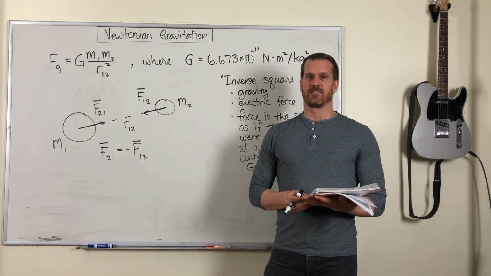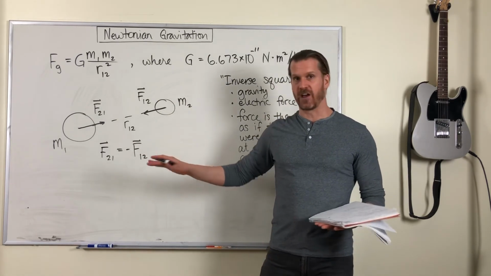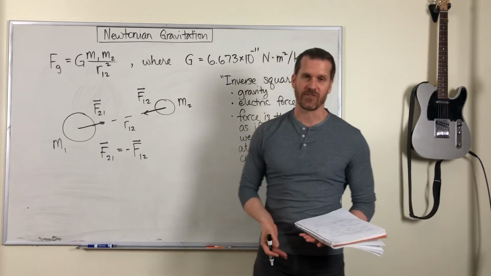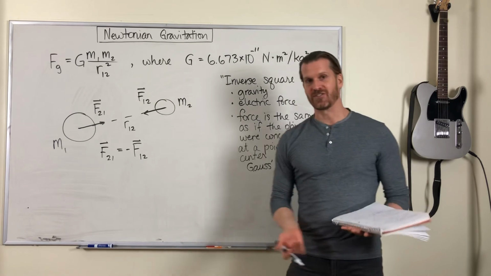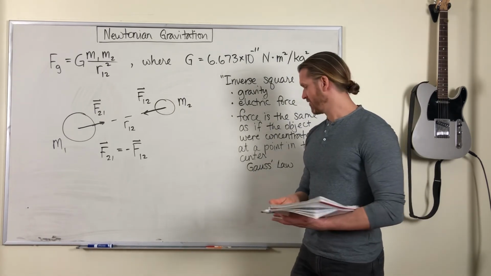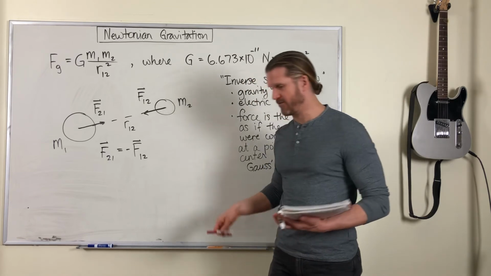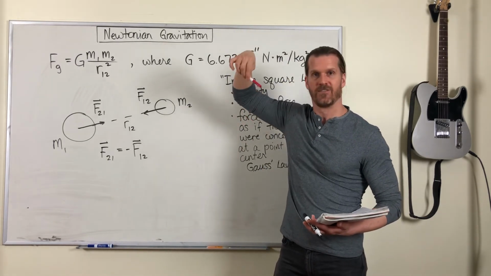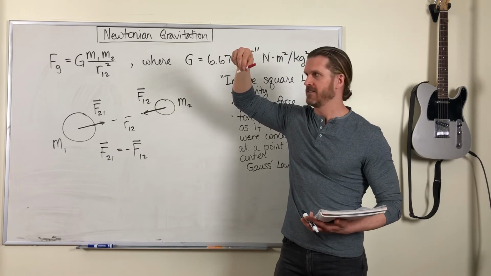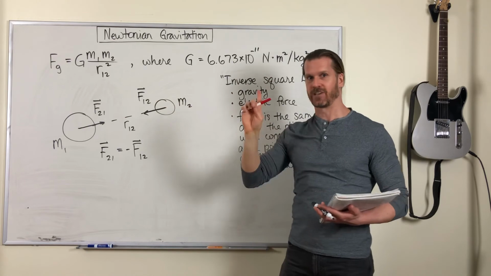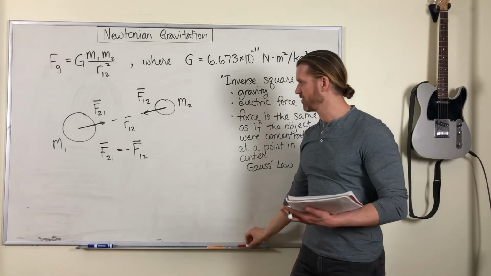Now, this seems kind of weird if you're talking about two objects with really different sizes. I've already mentioned this in this class, but it's worth repeating. The gravity force of the Earth pulling down on this pen is the same as the gravity force of this pen pulling up on planet Earth.